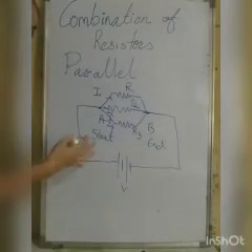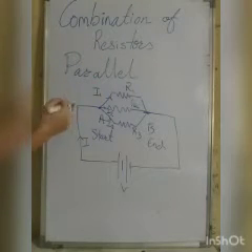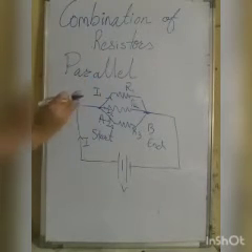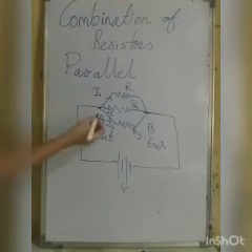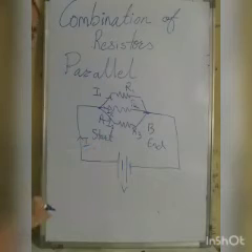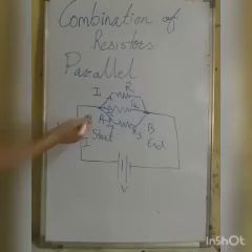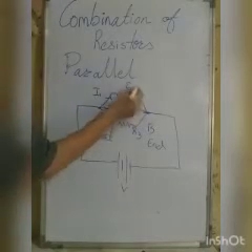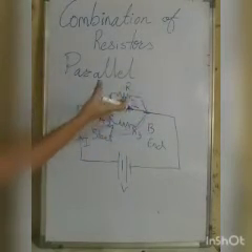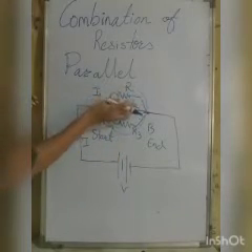So, in series, there were resistances one after another. The end point of one resistance was connected to the start point of the second resistance. And in parallel, between 2 points, that is one start point and one end point, the resistances are connected. Now there are a lot of resistances, so we can replace them and find some equivalent resistance.